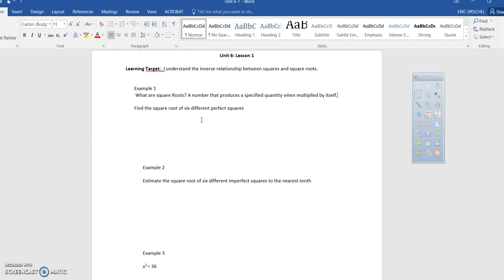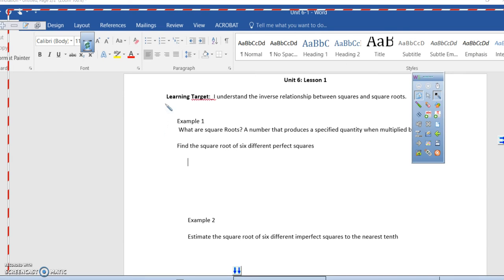So, when we look at perfect squares, these are our rational square roots. What are some of the perfect square roots that you looked at? Like 81. What's the square root of 81? That's 9, right? What's the square root of 36? 6.